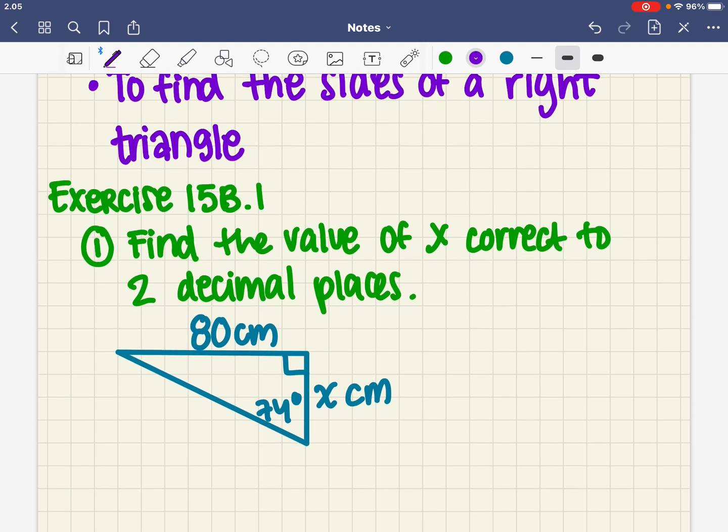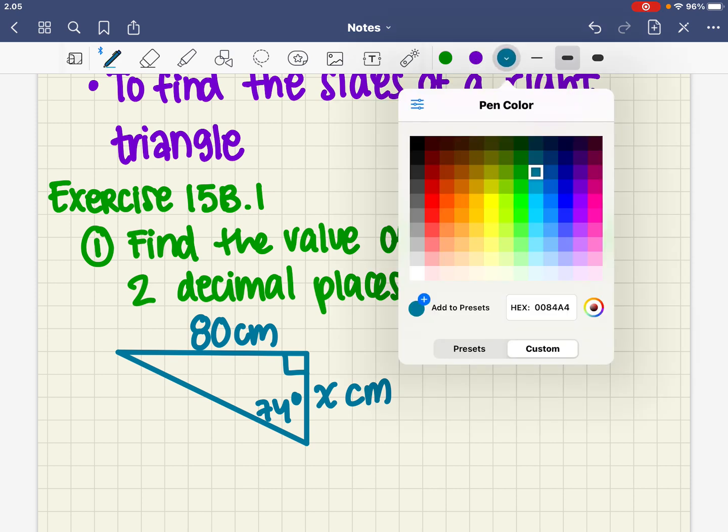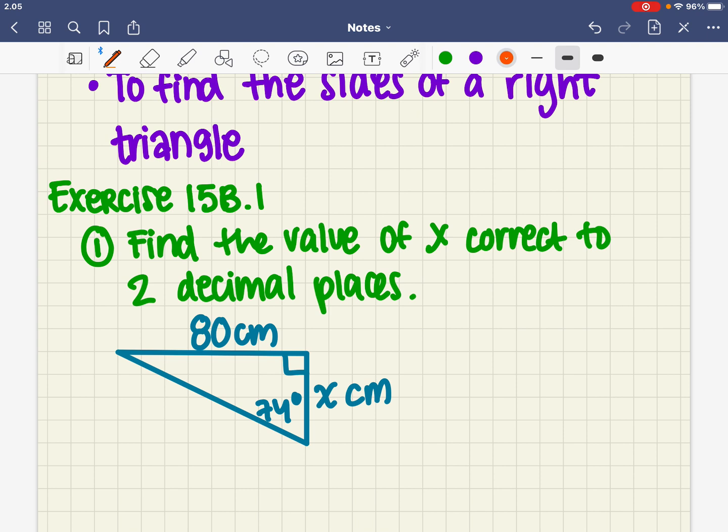So this is what you would do first. Okay, I would label what is given to you. So a reminder, this is always hypotenuse, and whatever side that's opposite the angle that's provided, that would be opposite side. And then whatever is next to that angle is adjacent side. Okay, so which one do we use?